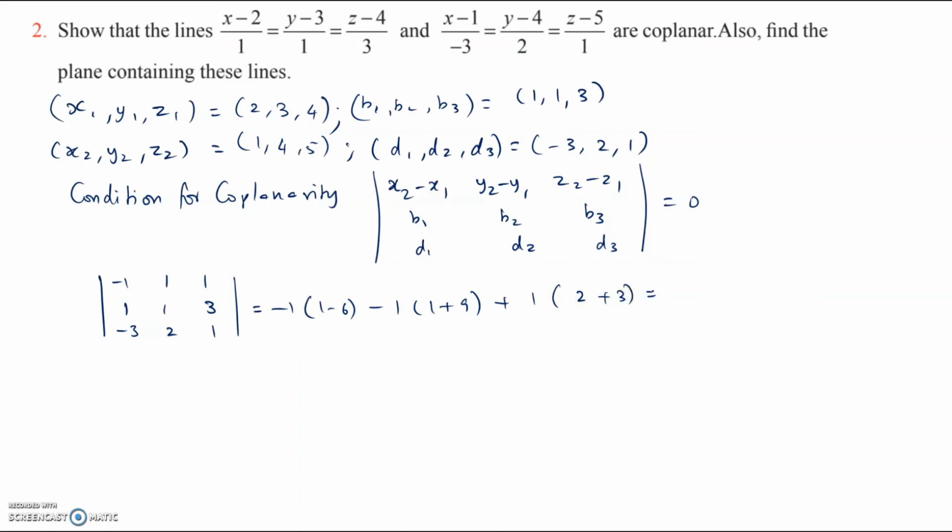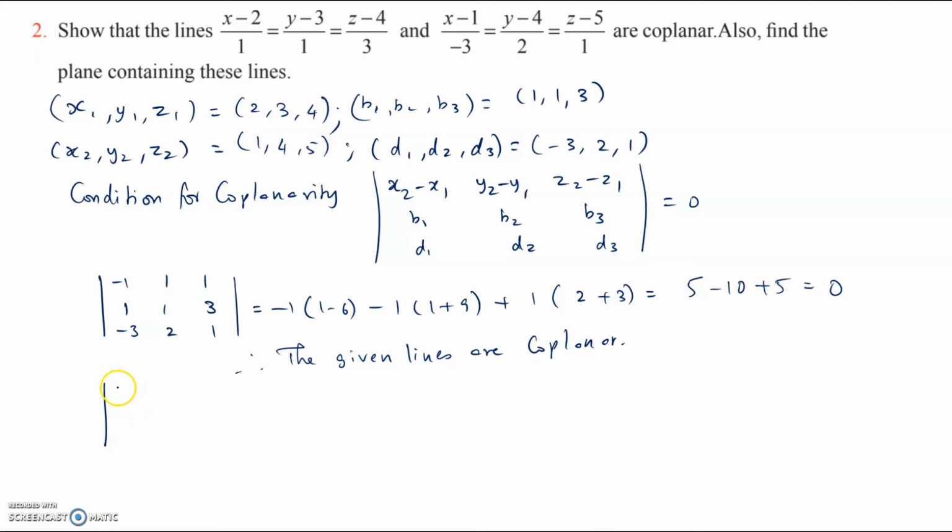So that's equal to, this is minus 5 into minus 1, so plus 5. 10 into minus 1, minus 10. 5 into 1 is plus 5, which is equal to 0. Therefore, the given lines are coplanar.